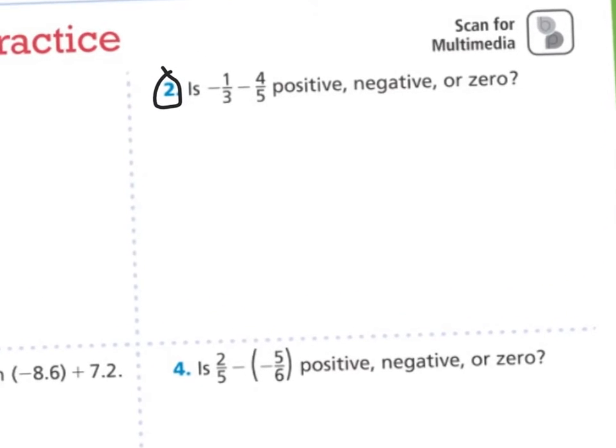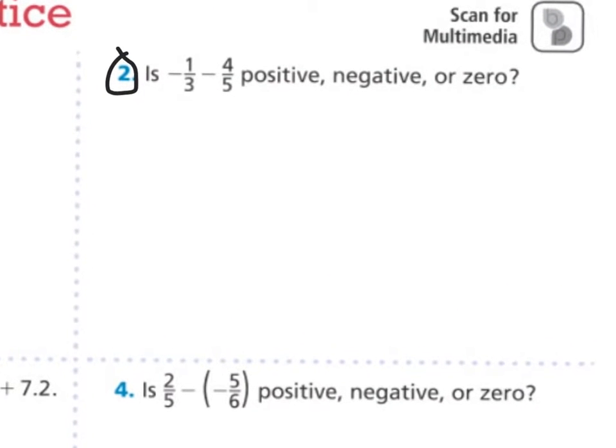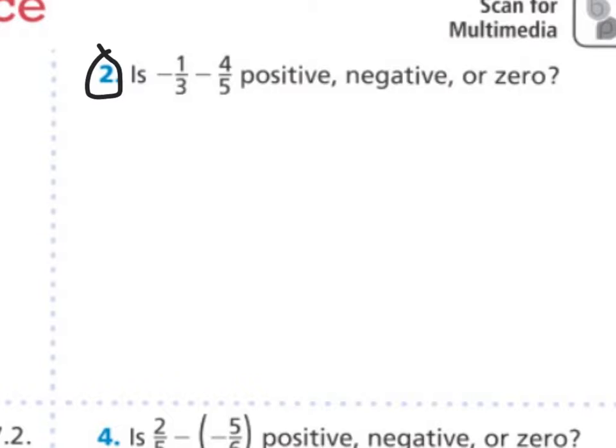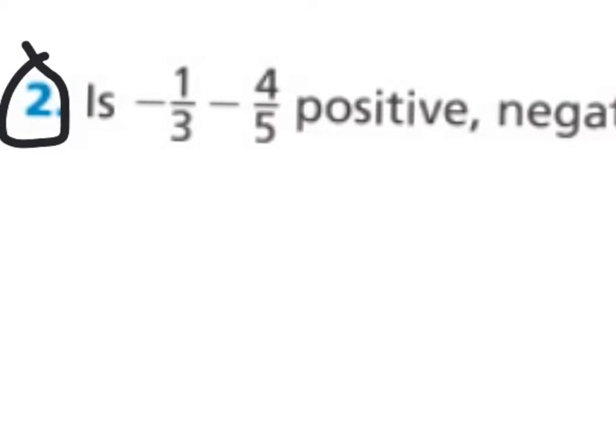Number 2, they are actually just asking us whether this would be positive, negative, or 0. They didn't necessarily say that we had to work it out all the way and exactly find an answer. So this problem, we're subtracting. So we want to go ahead and add the opposite first. So we'll make our two sign changes here.